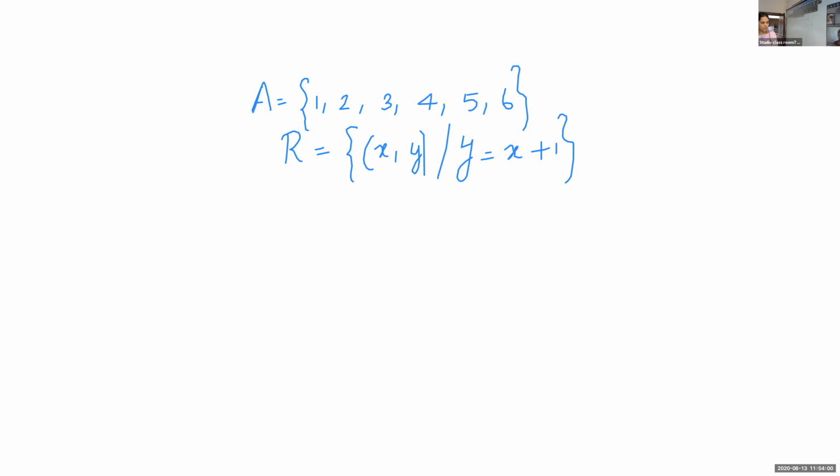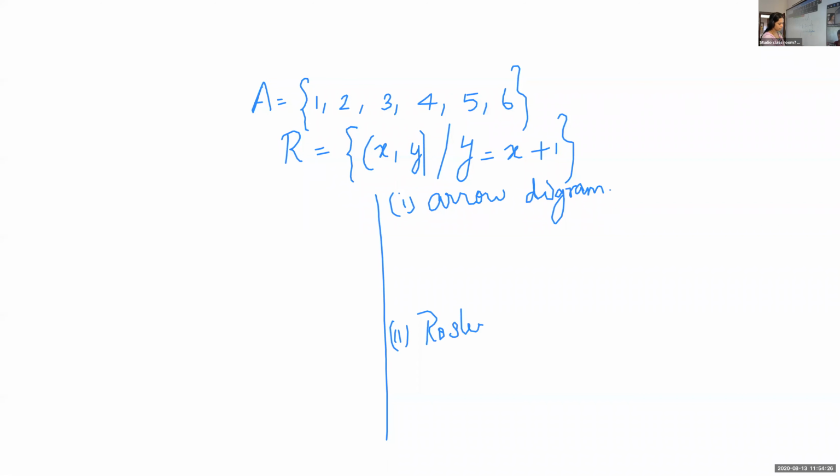Represent this relation. First one using an arrow diagram. Second one, we have to represent this in roster form.